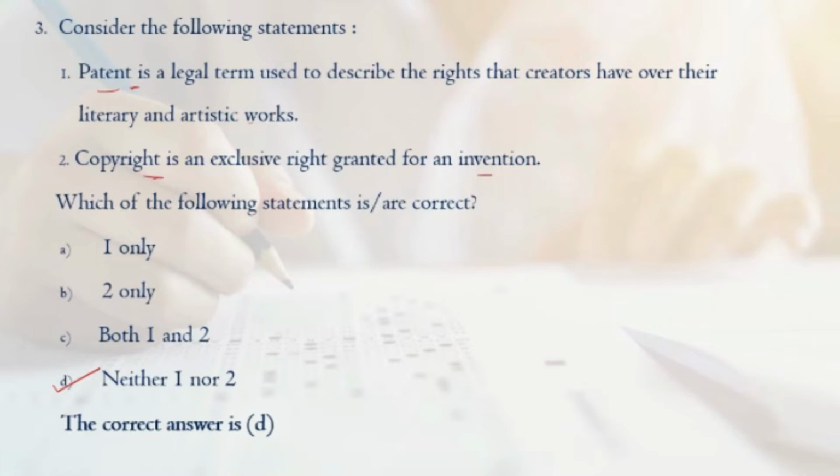Copyright is the legal term used to describe the rights that creators have over their literary and artistic works. Basically, these terms are interchanged. This is the definition of patent and this is the definition of copyright. Works covered by copyright range from books, music, paintings, films to computer programs, databases, advertisements, maps, and technical drawings.